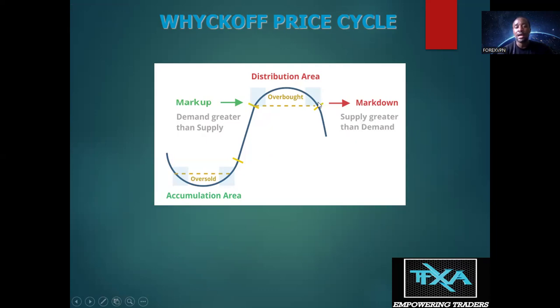This markdown area is where people start selling down. It can precede an area of distribution. You can see the distribution area around here, where the market is being distributed, and then you have a markdown. So this is the general overview of what David Wyckoff is trying to teach in Forex Analytics.